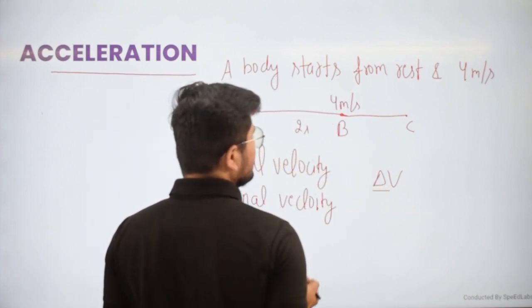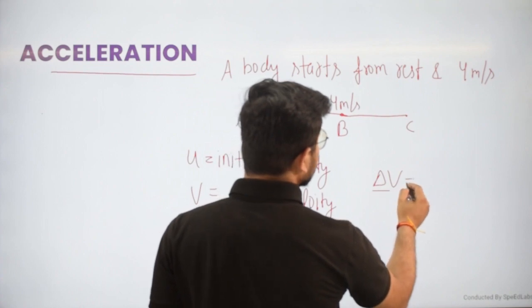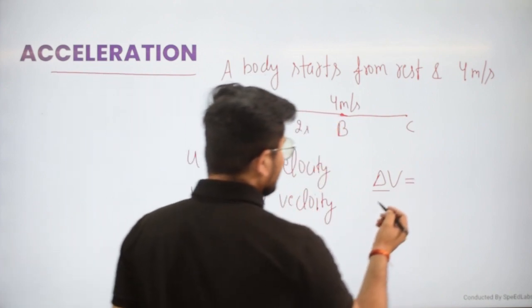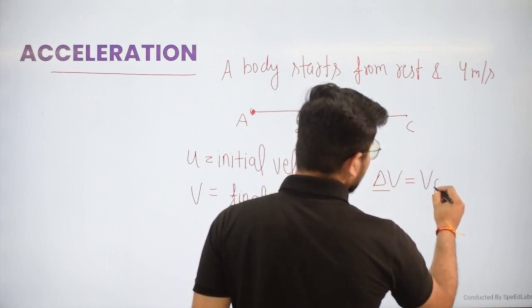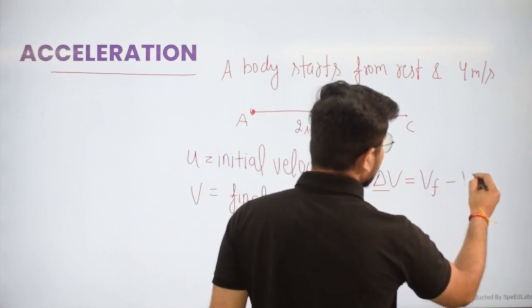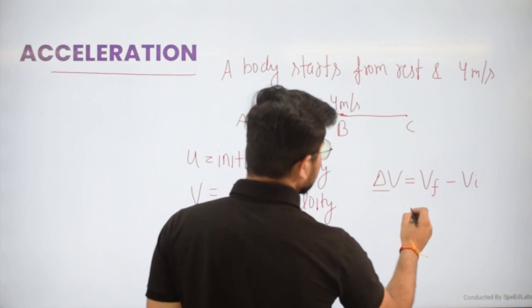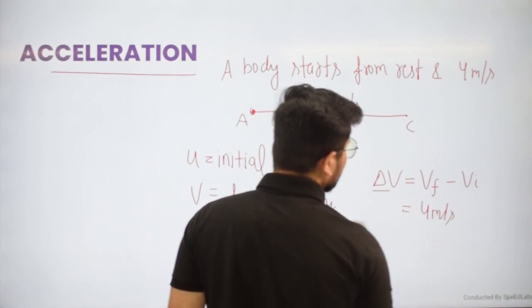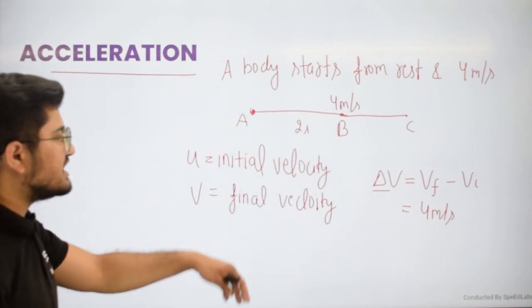So this delta is for change. What is the change here? Final minus initial velocity: Vf minus Vi. 4 minus 0, how much? 4 meter per second. That is the change in velocity.